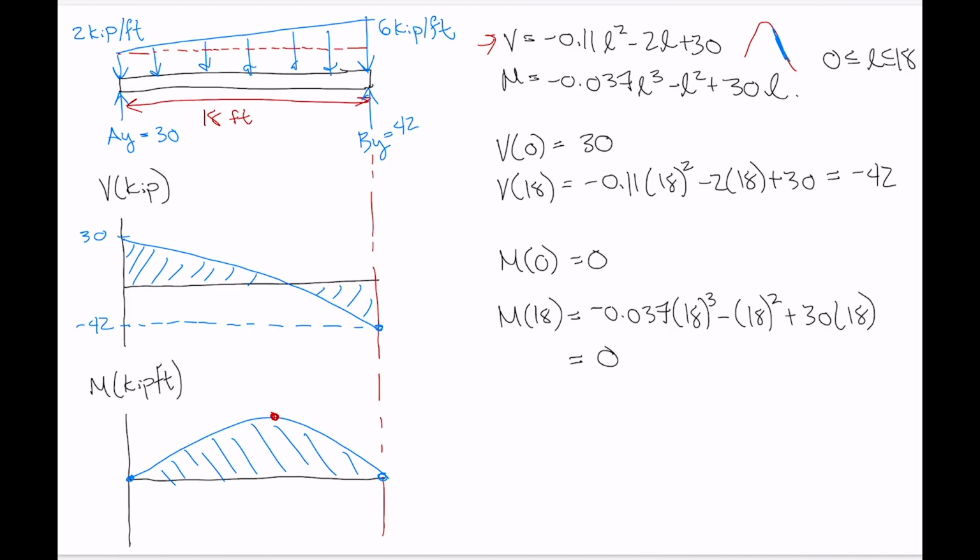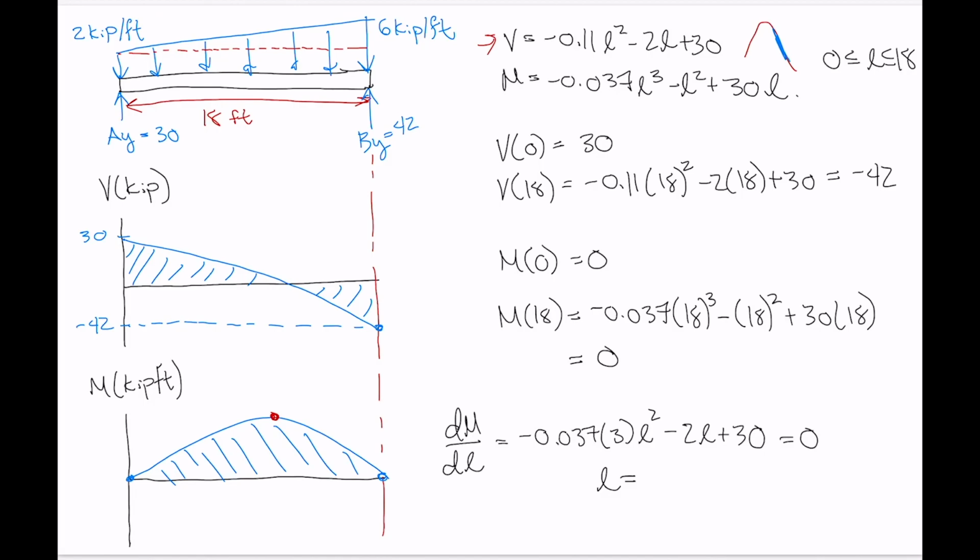Then take the root that's appropriate, because there's only one maximum in here, and put that back into our equation for m to figure out what the value is. So we want dM by dL, which gives us minus 0.037 multiplied by 3L squared minus 2L plus 30, and then we set that equal to 0 and solve for the values of L.